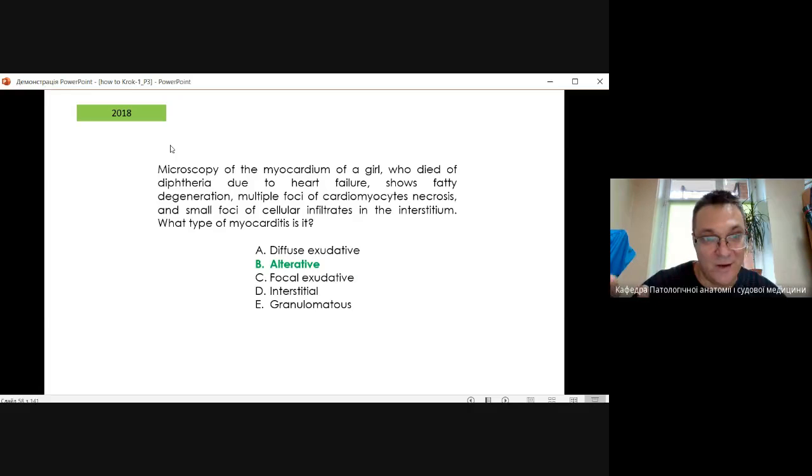That's just to memorize. Alterative inflammation means myocarditis in this case, meaning we see the predominance of degenerative and necrotic changes over the exudation, over the presence of exudate or cells in the inflammatory tissue.